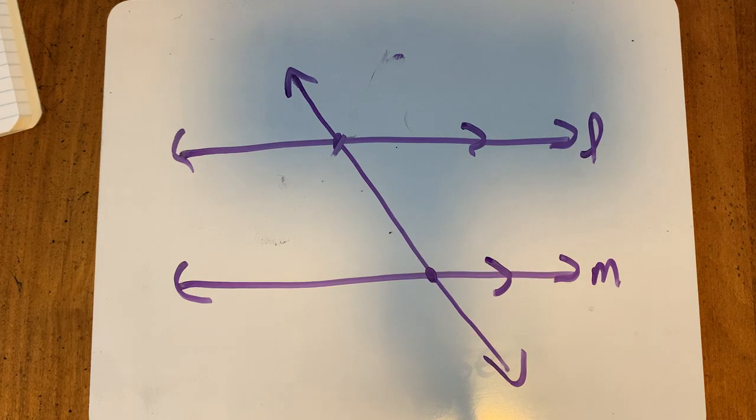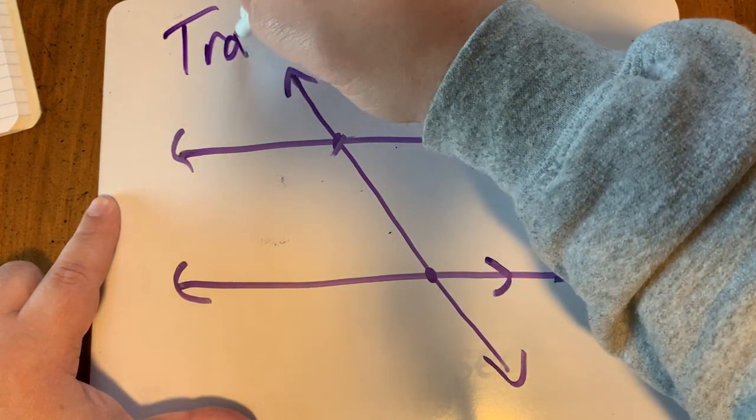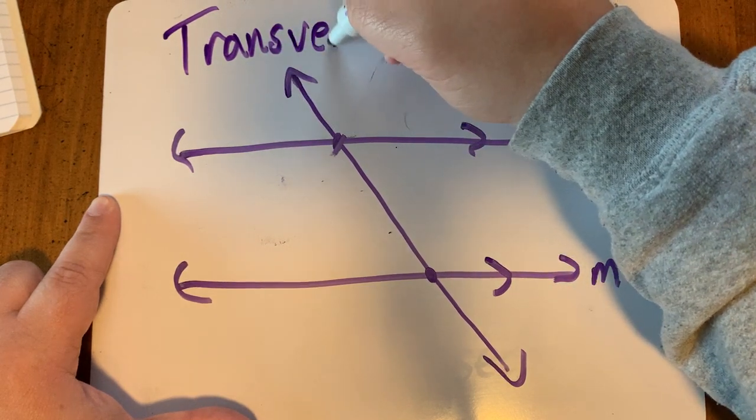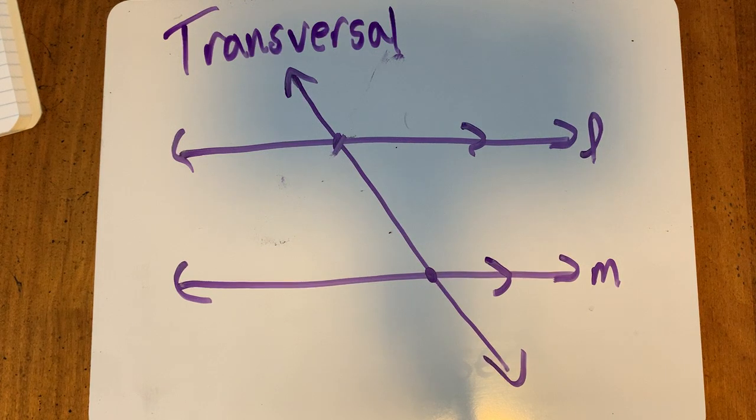A line that intersects two or more lines at distinct points is called a transversal. And that transversal is what creates the relationships.